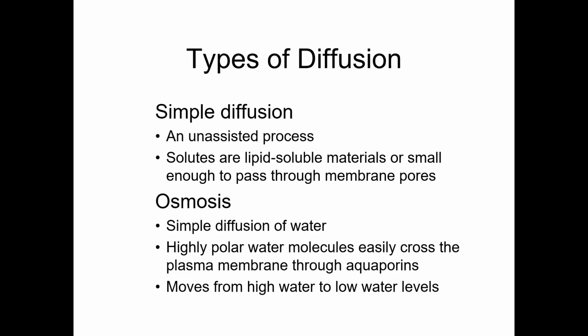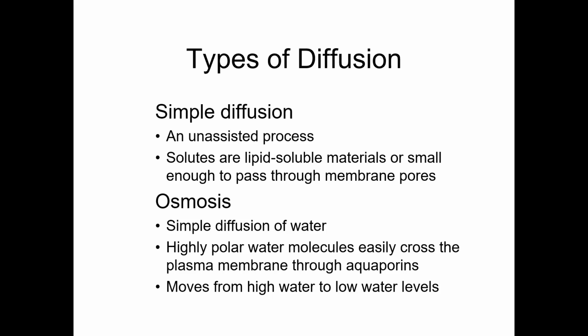If I have 100% water here, and I have 10% salt and 90% water here, which side of the membrane has the higher water concentration? The 100%, right? 100% water. This is 90% water. So water will automatically cross the membrane and go this way.